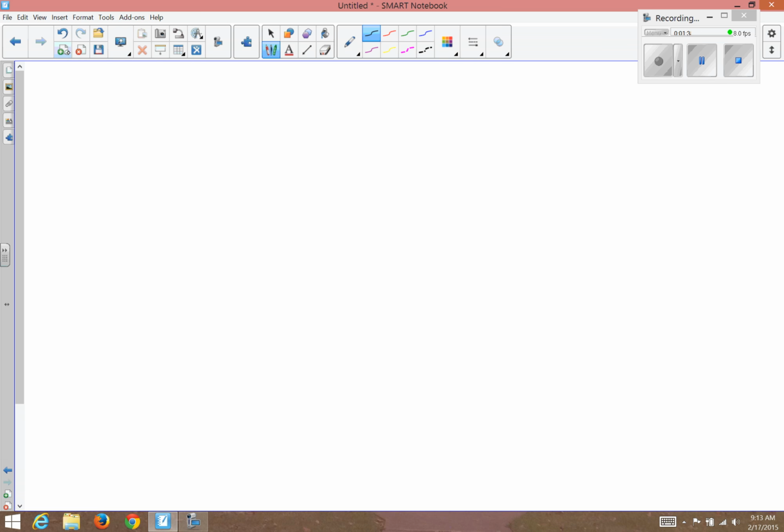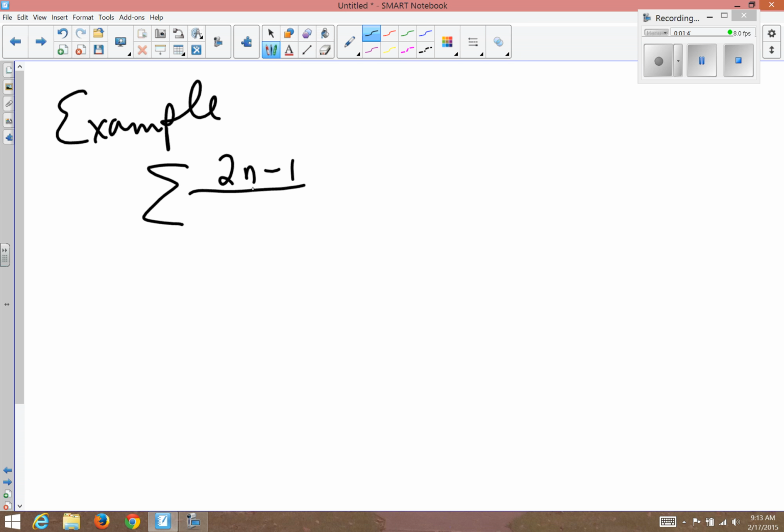Example: sigma 2n minus 1 over 100n plus 40, starting somewhere, usually 1, and going to infinity.